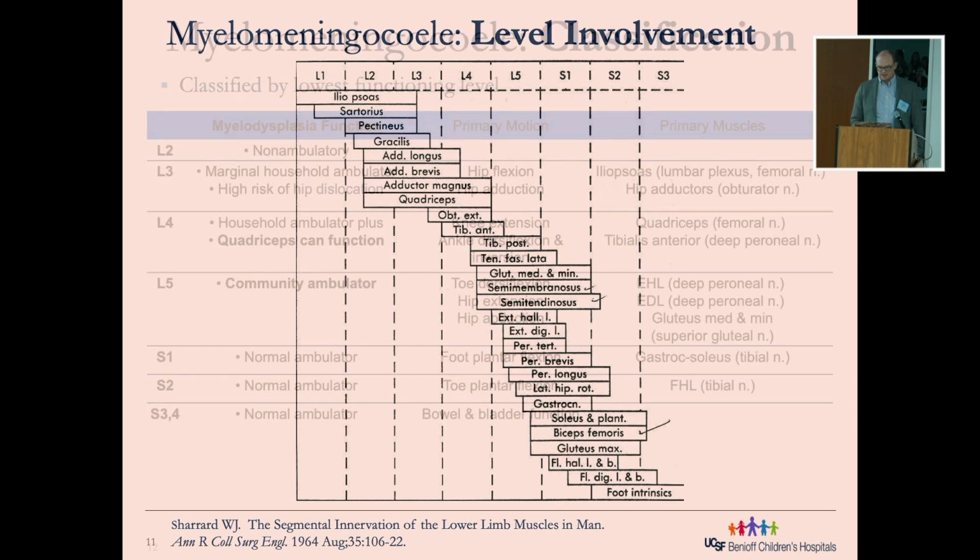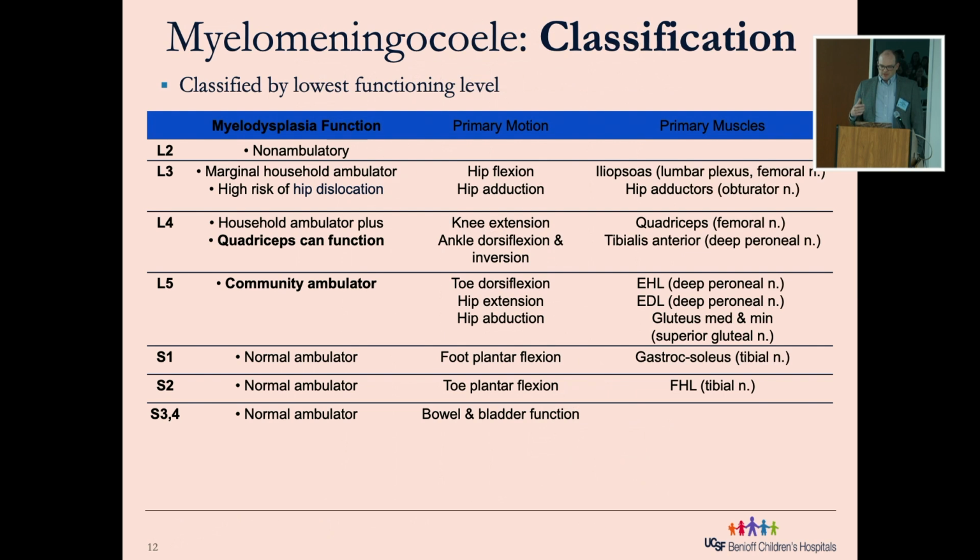Another one then is to go based off of the lowest functioning level, where you are seeing that function will help to determine where their functional level is. So L2, most of the time, this is going to be more of a non-ambulatory. You don't have quadriceps strength. You're limited in your hip flexion extension strength potentially as well.